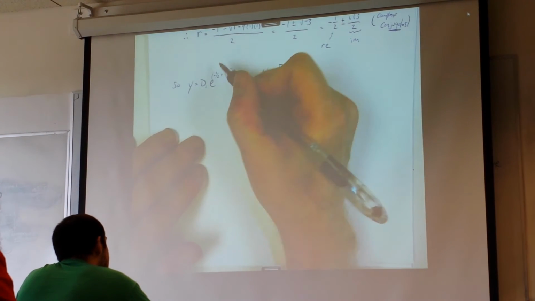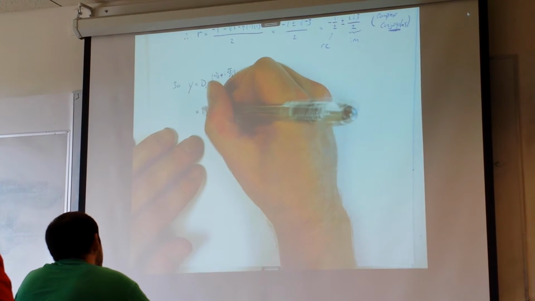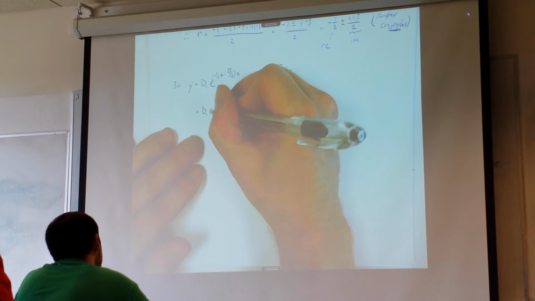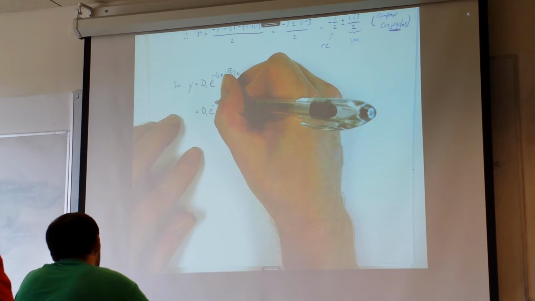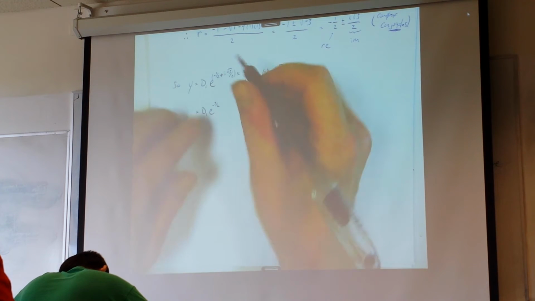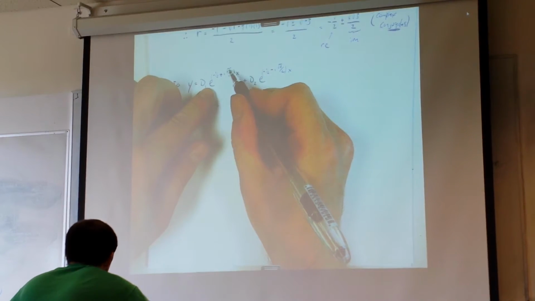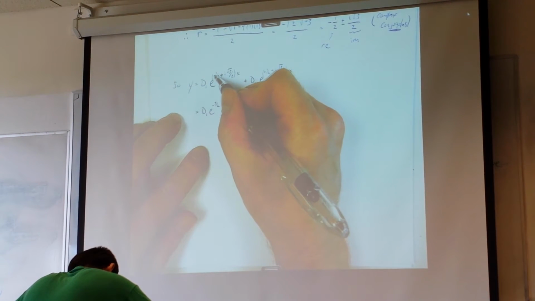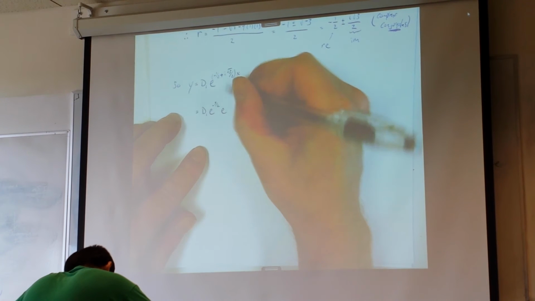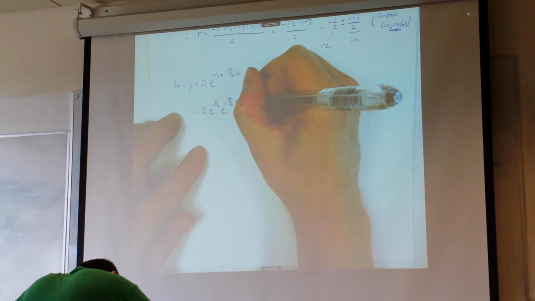One thing I can do is use the exponent properties of a sum. So this will be d1 e to the, distributing the x, -x over 2, times e to the i root 3 over 2 x.